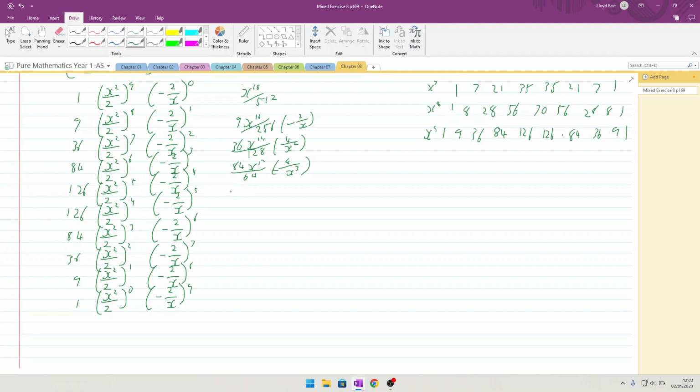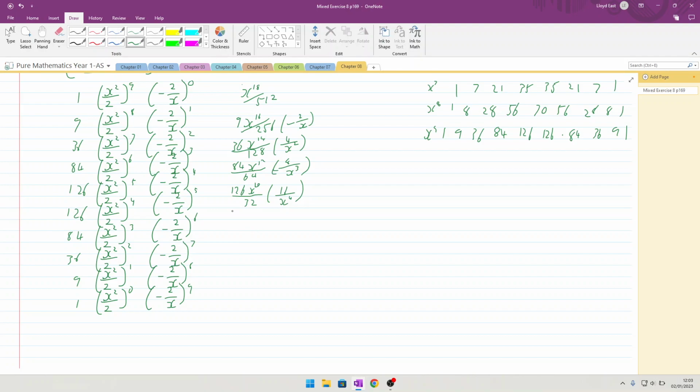Okay, 126 x to the 10 over 32 times a positive 16 x to the 4 gets us x to the 6. That's close to the constant, but not quite there. It's closer than x to the 18.